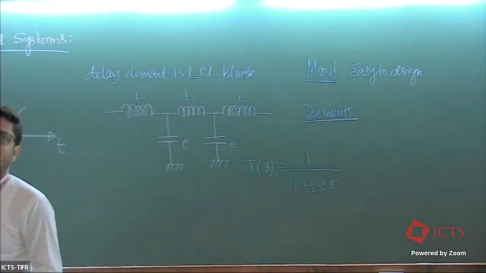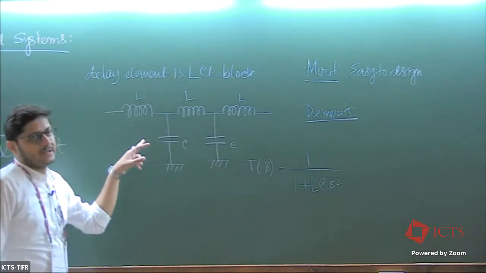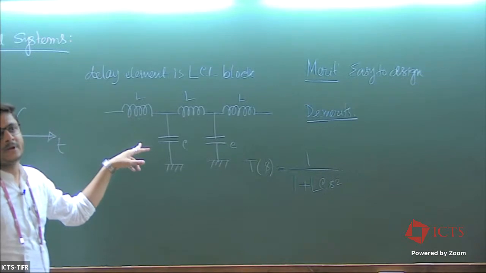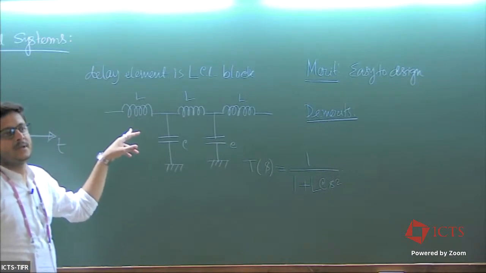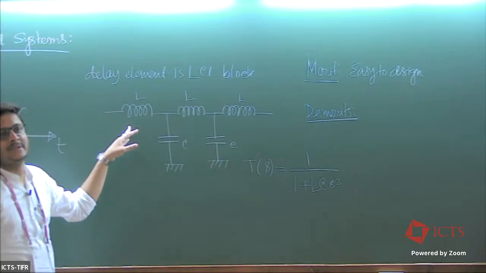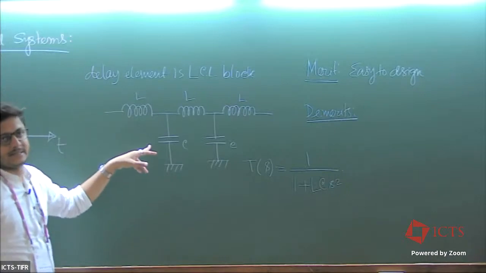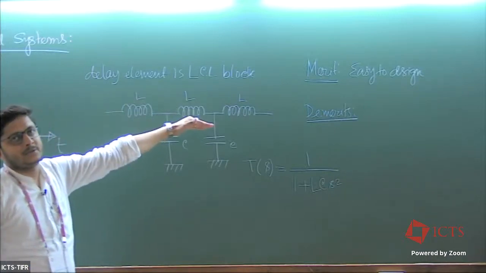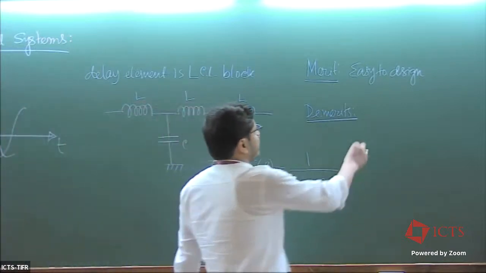First of all, what type of element is this, active or passive? L and C. Anyone from a physics background? Inductor is a passive element. It cannot generate energy. Capacitor is such. So if I pass a signal through a passive element, then attenuation occurs.